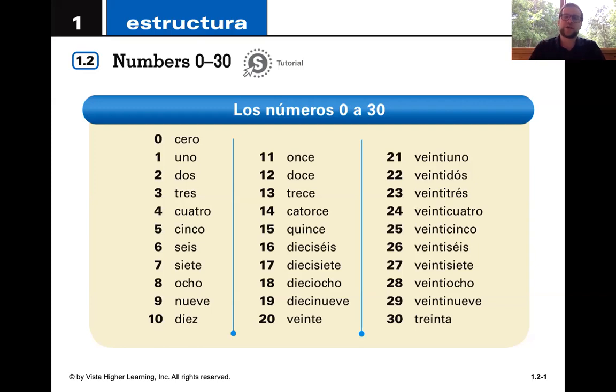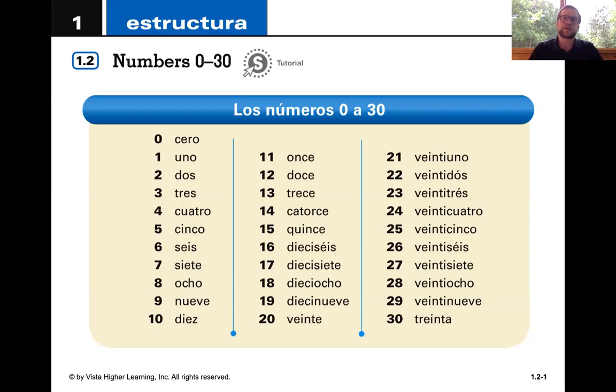Now, here we have a little bit of a change from 15 to 16. 15, 16, 17, 18, 19, 20, 21, 22, 23, 24, 25, 26, 27, 28, 29 y 30.